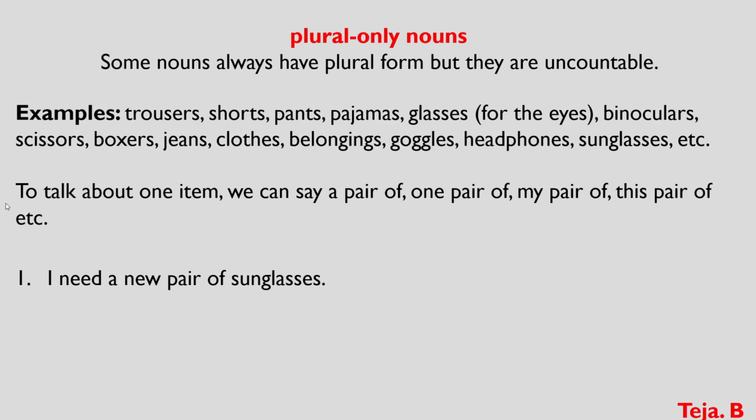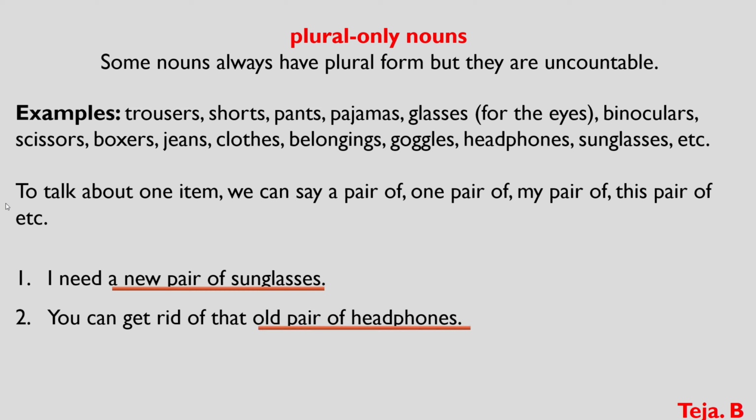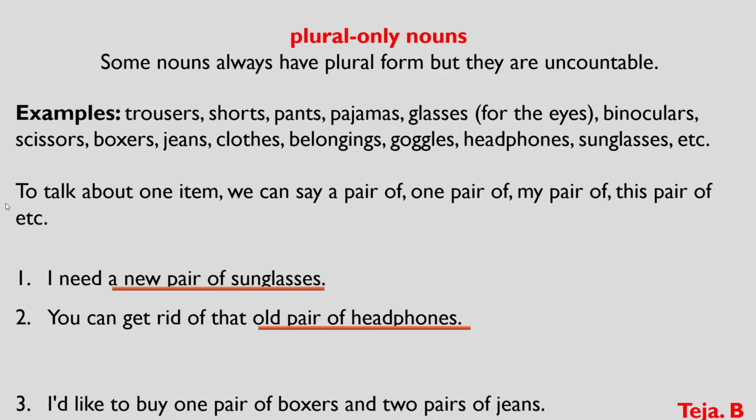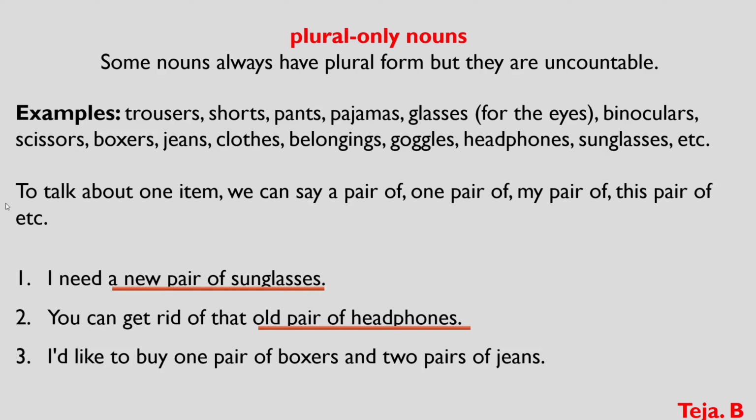I need a new pair of sunglasses. Don't use I need a sunglasses. In the second sentence, an old pair of headphones, not two headphones, three headphones. This is not accepted. An old pair of headphones, right? And one pair of boxes, two pairs of jeans.